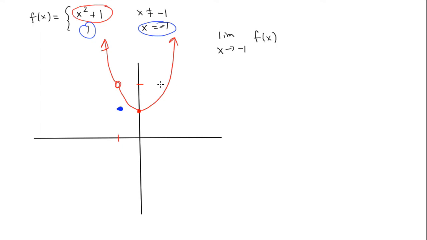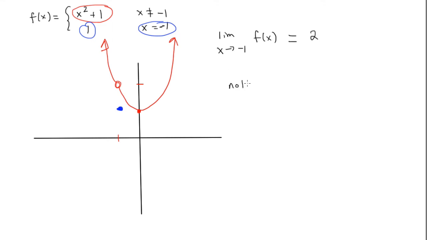Basically we just need to look at what the y values are doing when x gets really close to negative 1 but not actually equal to it. If we trace along the graph here, we're getting closer and closer to this hole, but never actually getting inside the hole. So what's the y value of the hole? We said it was 2, so we should expect that this equals 2.